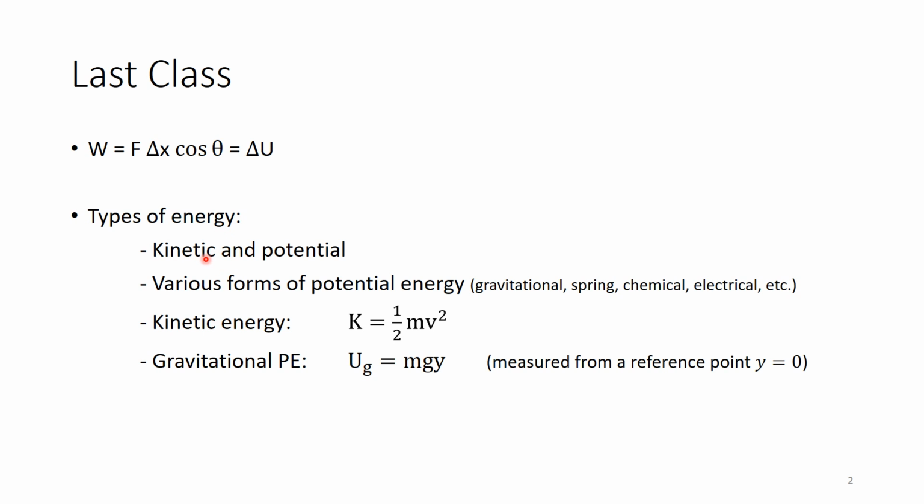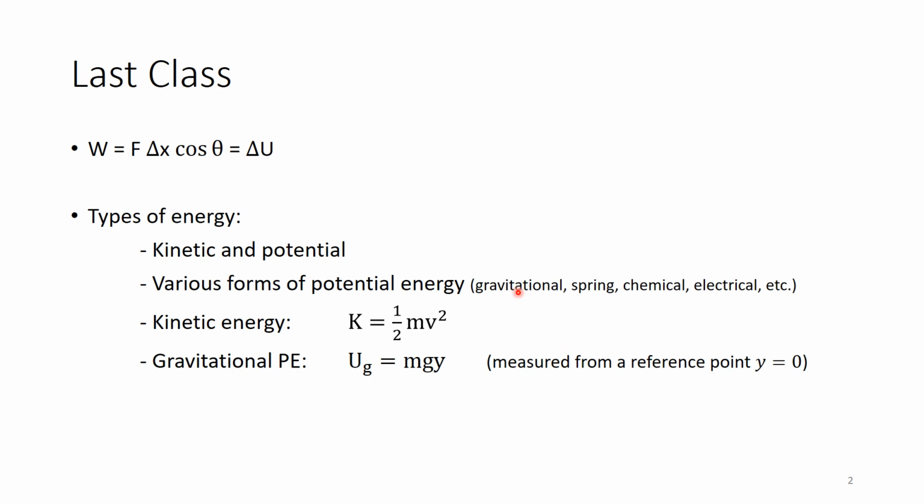We have two types of energies principally: kinetic and potential. Kinetic energy has to do with motion. Any moving object has kinetic energy. Potential energy is stored energy. It can be stored in different forms, such as gravitational potential energy, spring potential energy, chemical potential energy, electrical potential energy, and so on.